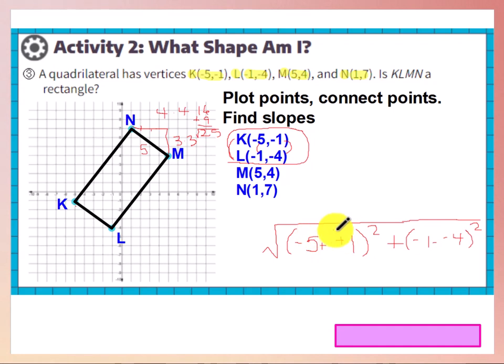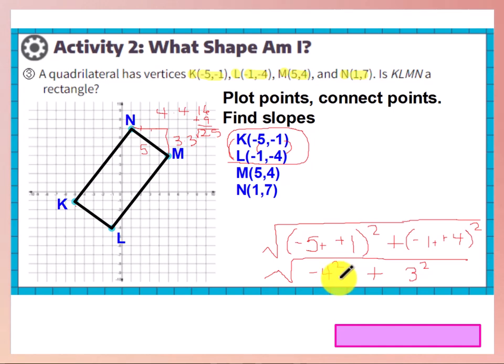So -5 plus 1 is -4. We're going to square that. This is still all underneath the radical. And then when we take away -4, it becomes +4. So -1 plus 4 is 3, and we're going to square that.